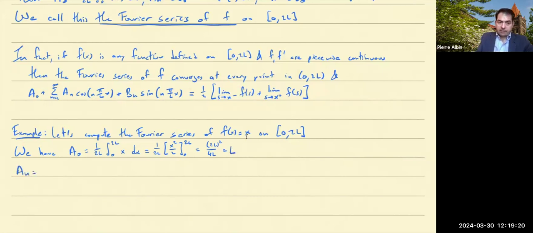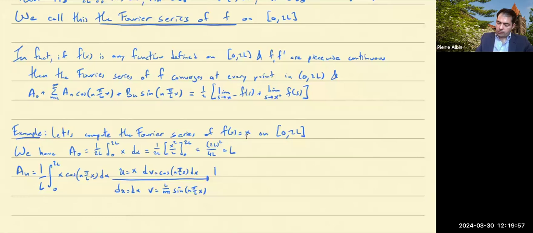Then an would be 1 over L times the integral from 0 to L, x times cosine n pi over L x dx. So we're going to integrate by parts as usual. We'll pick u to be x, so dv will be cosine n pi over L x dx. That makes du equal to dx and v equal to L over n pi times sine of n pi over L x.